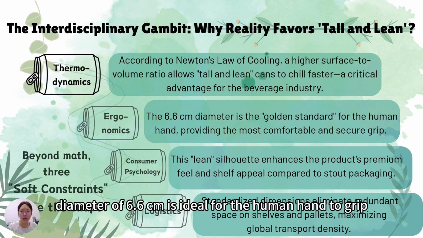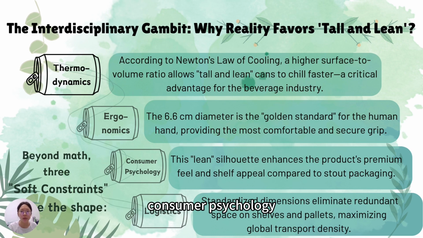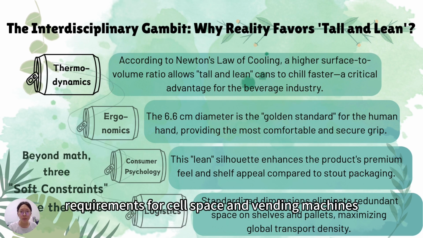And a diameter of 6.6 cm is ideal for the human hand to grip. Consumer psychology: slender packaging often creates an illusion of greater volume, and for logistics, there are standardization requirements for cell space and vending machines.